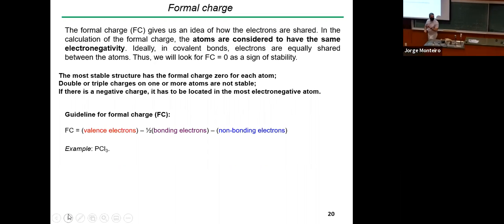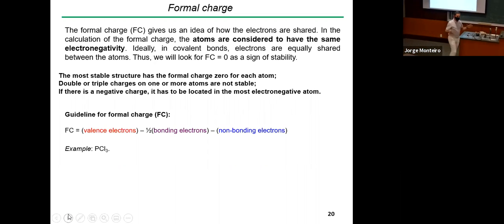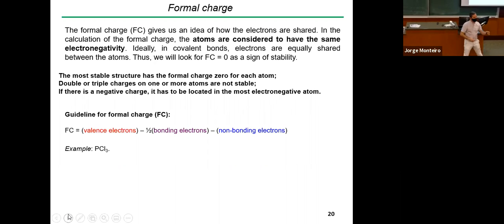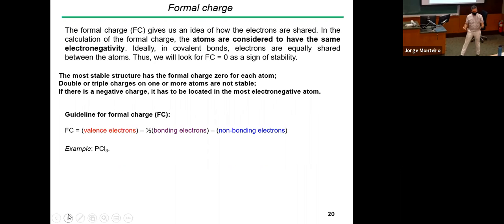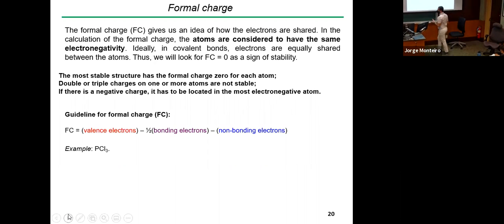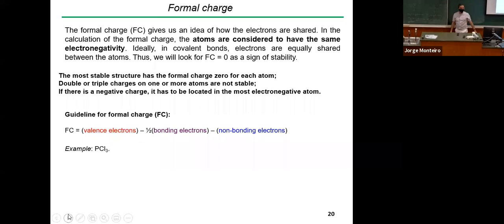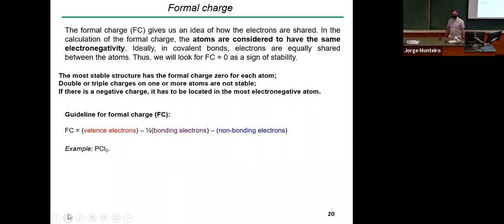Is it better than the first version? It's better. So that means the second structure is more likely to exist than the first. So let's do one more thing here. Let's add one more double bond and see where we end up.